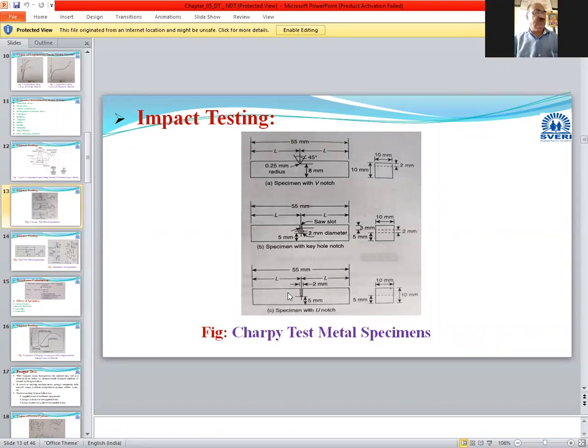Okay, so this is the specimen required for the Charpy and Izod impact test. This is actually given as per the Indian Standard, you need not prepare it. Whatever is given in the Indian Standard, you can use as it is. Next.